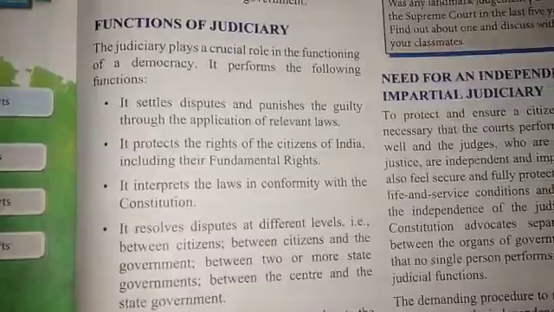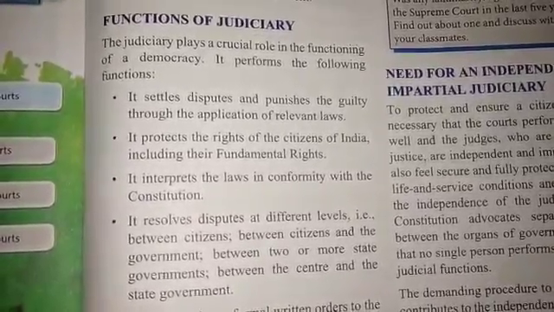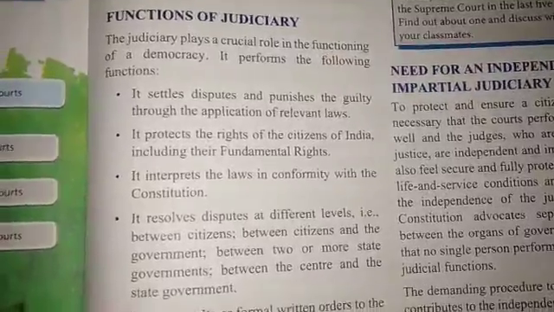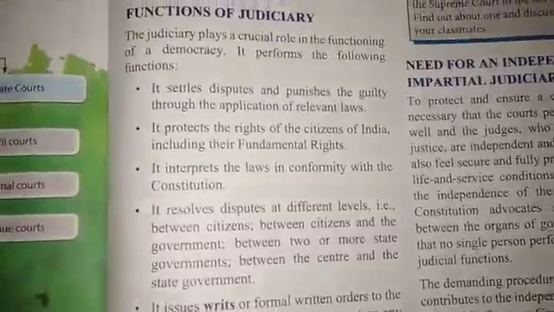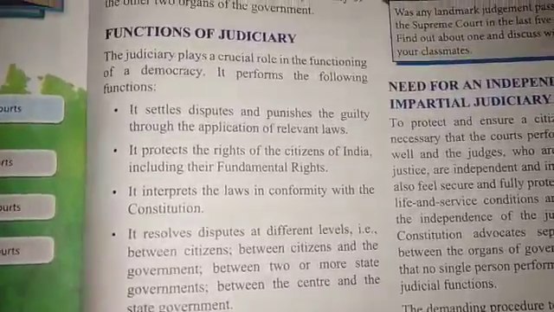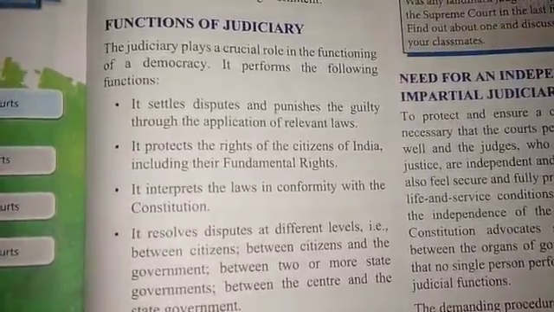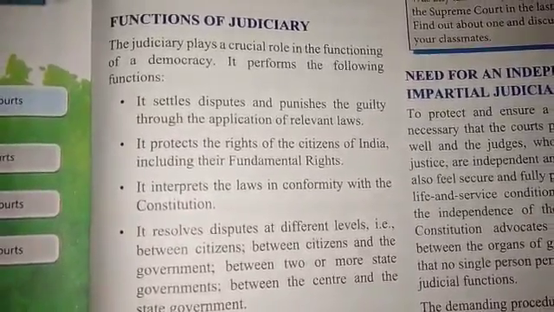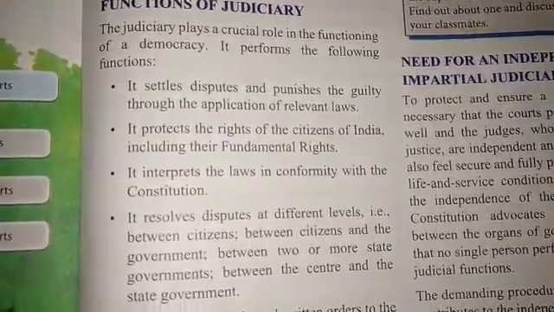So what the judiciary does is settle whatever disputes there are between the people, and it punishes the guilty through the relevant law or the relevant act, on the basis of which the punishment is applied.